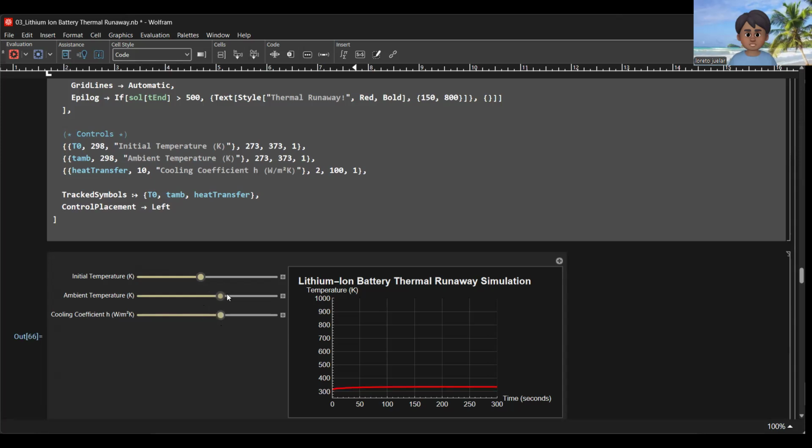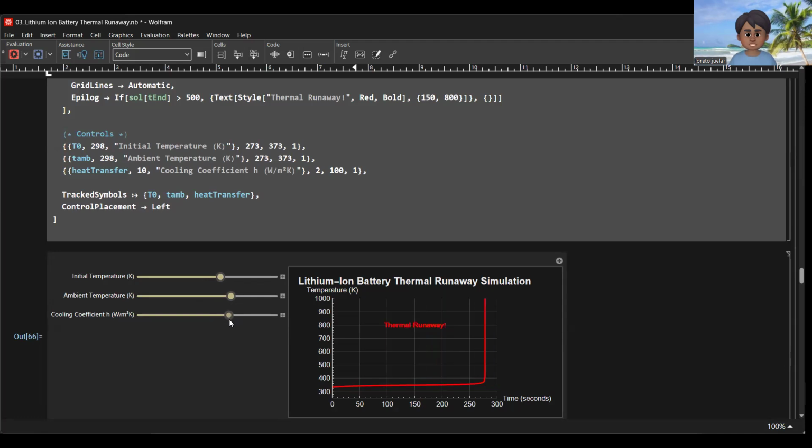So this is the thermal runaway. We have also the initial temperature. If we increase the initial temperature here, we can have a thermal runaway. We have also increased the cooling coefficients here.